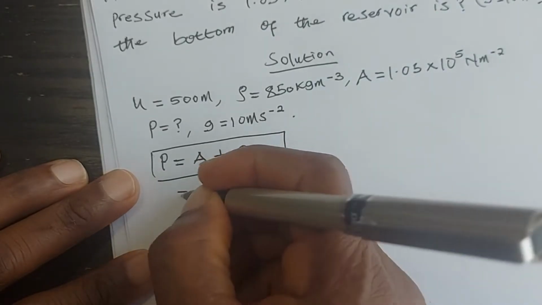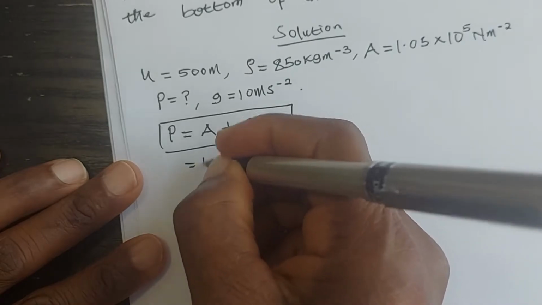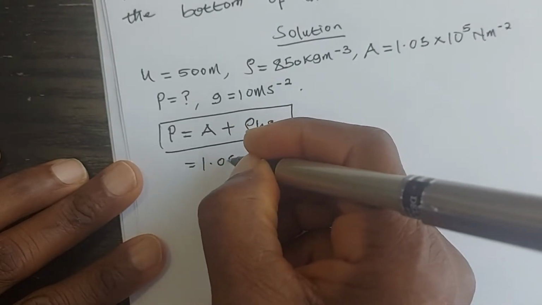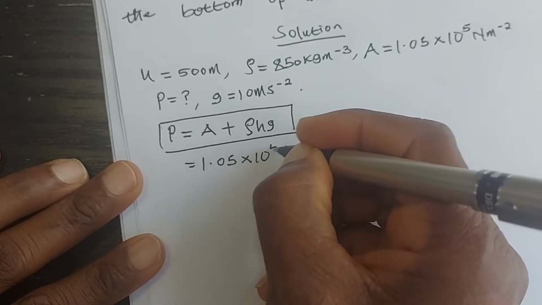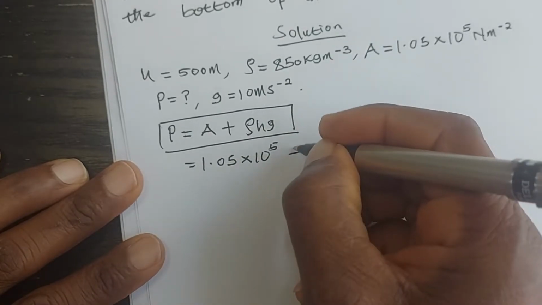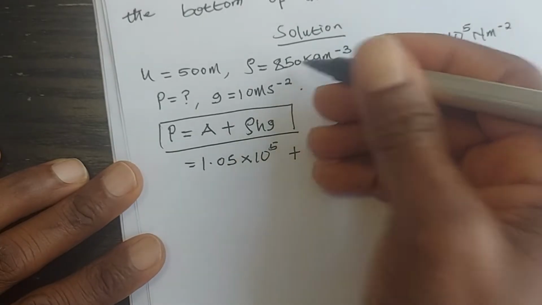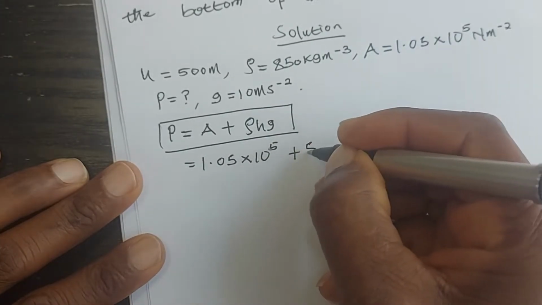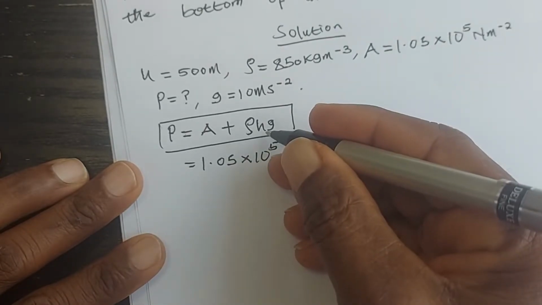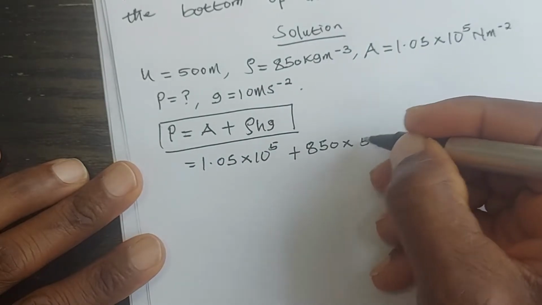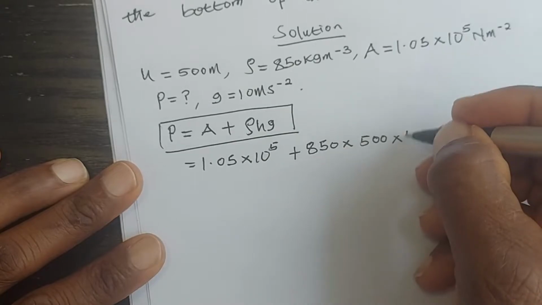So we can see now that we have the atmospheric pressure to be 1.05 multiplied by 10 raised to the power 5 plus, now don't forget, we have rho, which is density, which is 850, multiplied by the height, which is 500, multiplied by gravity, which is 10.